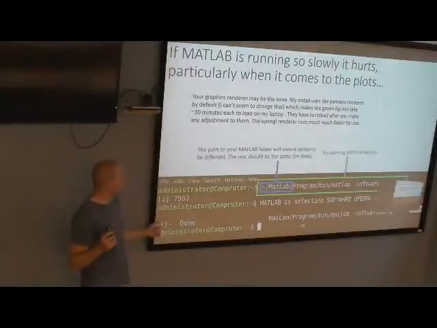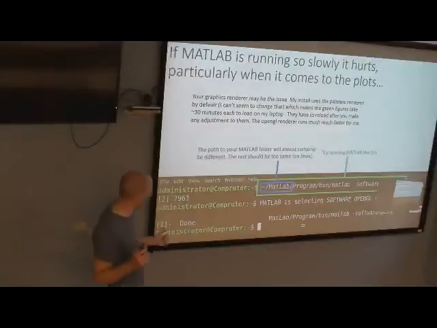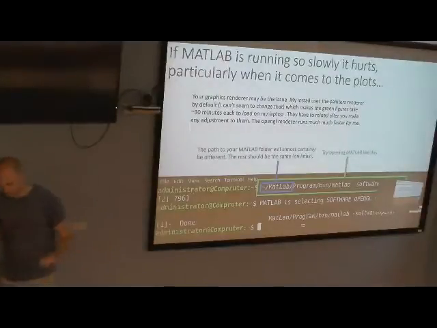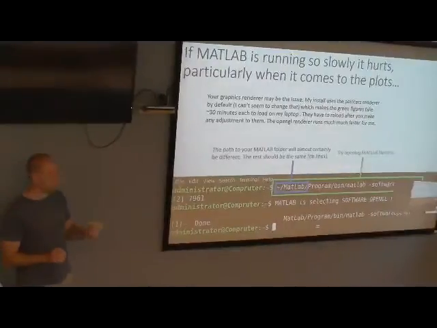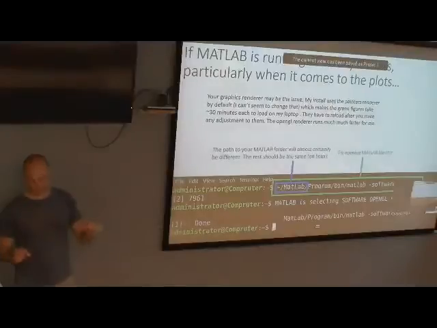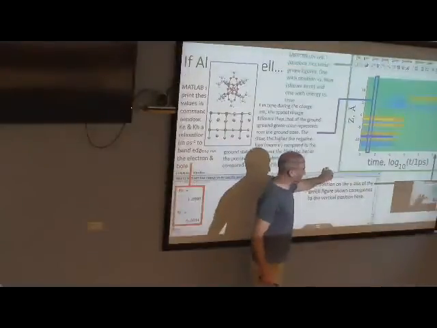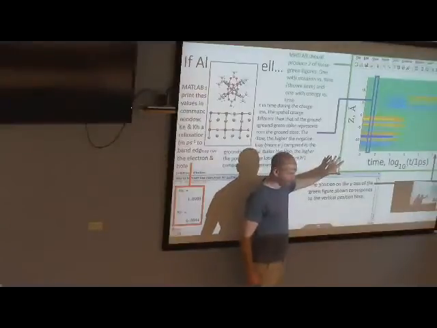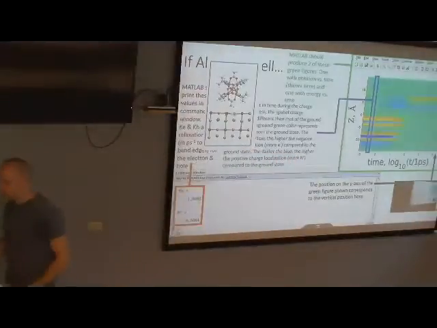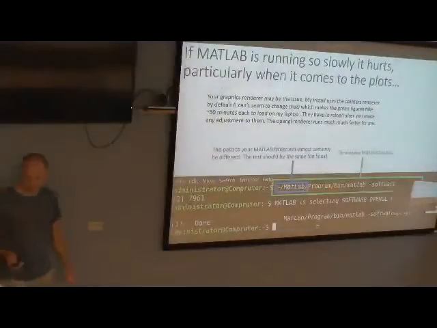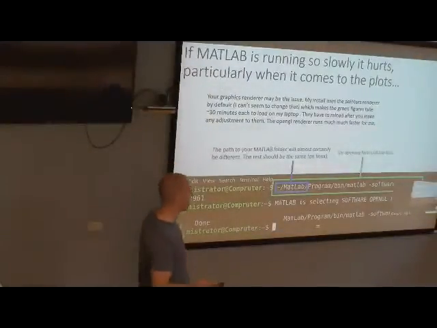When I was trying to run this code for a long time, it would basically just take forever. It would take me hours to even get a couple of those pictures. If you notice it running really slowly but not crashing, and say you stretch out your picture a little bit, like this green figure, and it has to reload and that takes way too long, what might be happening is that your figure or graphics renderer is what's slowing you down.